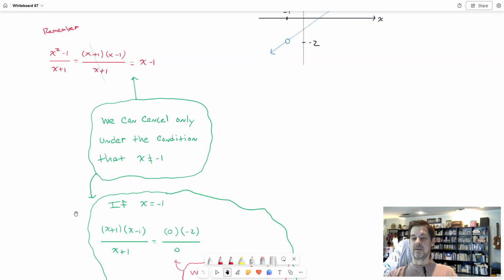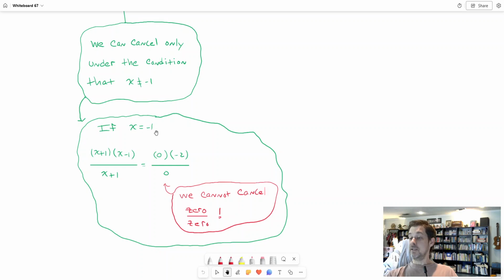Why is that? If x was equal to -1, then this x plus 1 over x plus 1 that we were trying to cancel would take the form of 0/0. And we can't cancel 0/0. I mean, imagine you just had numbers, and that was 4 times -2 over 4. You cancel the 4's, and you get -2.